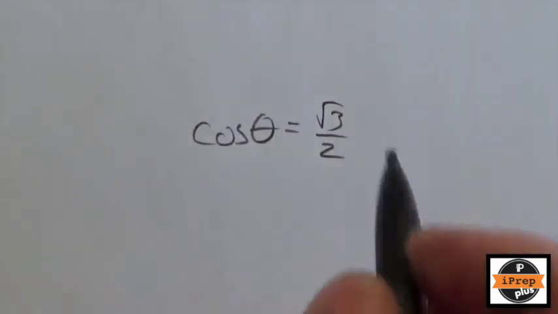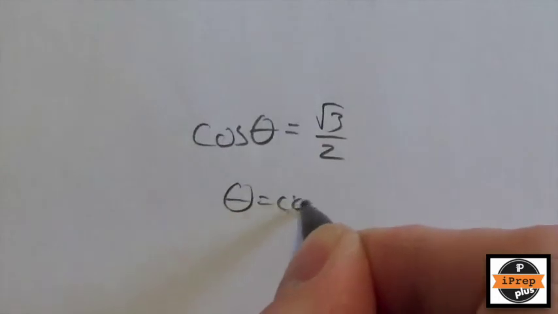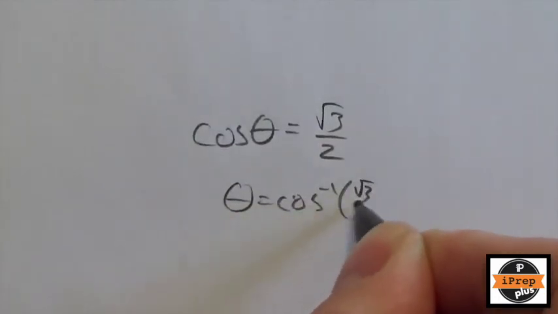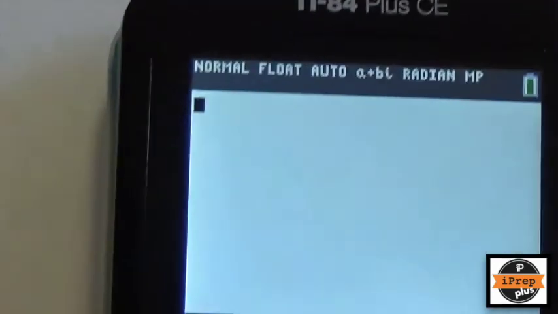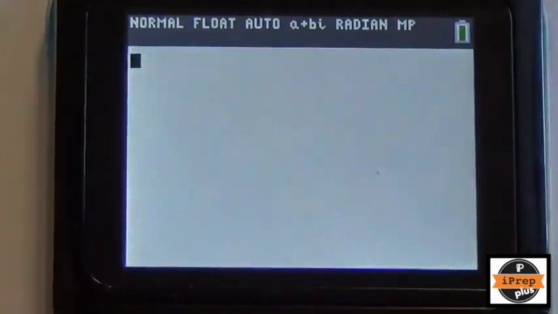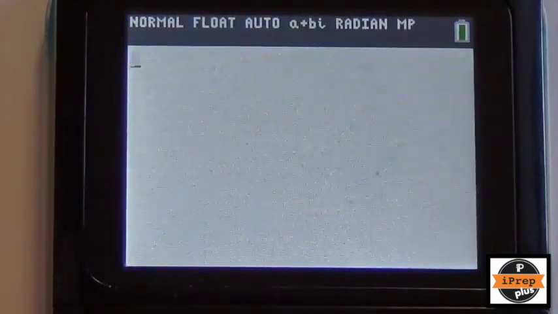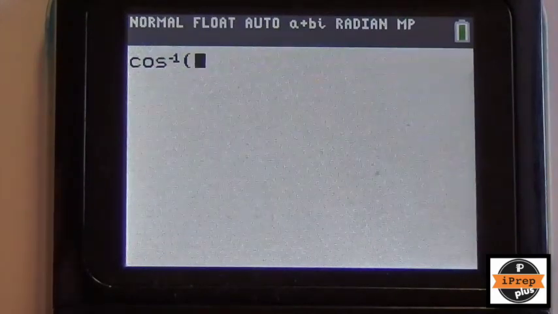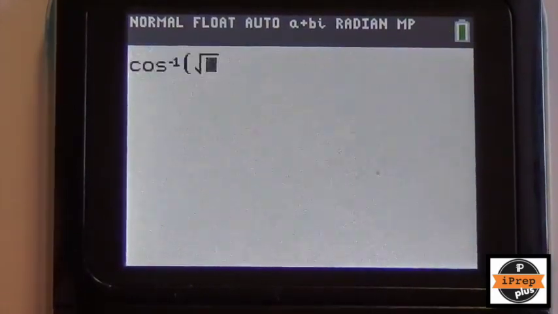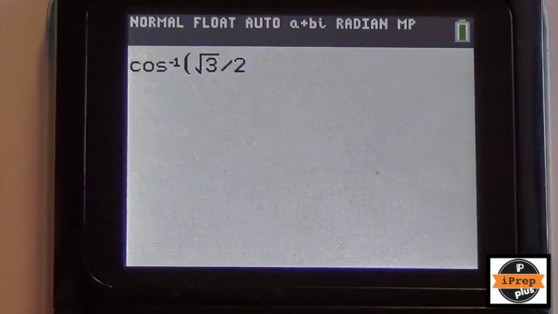You would use the inverse cosine feature of root 3 over 2. Now you're going to be asked to do this in exact form, and so you will be told to go to your special triangles or your unit circle, however you've memorized that. But what I'm telling you right now is your calculator can actually give it to you in exact form. Second cosine, let's make this the square root of 3 divided by 2.